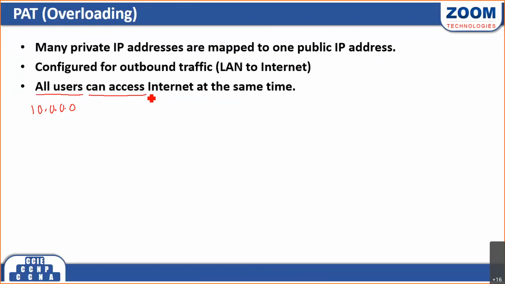Can access. So can access means a permit rule or a deny rule? Permit. Can access the internet. Internet means all services or limited services? All services.